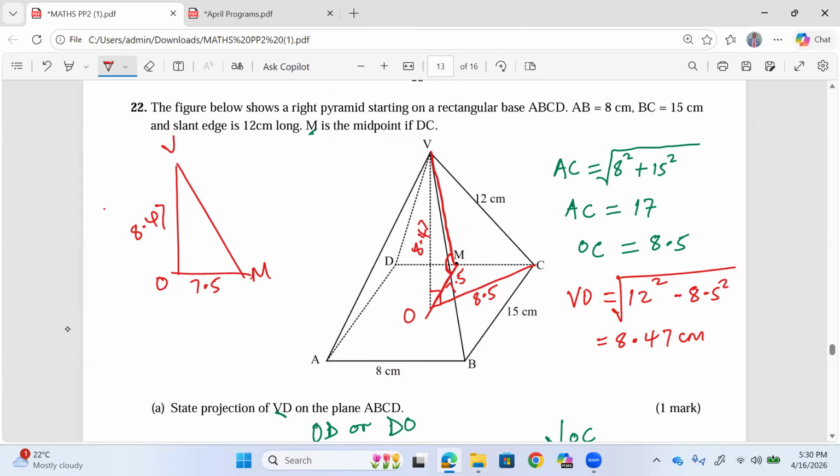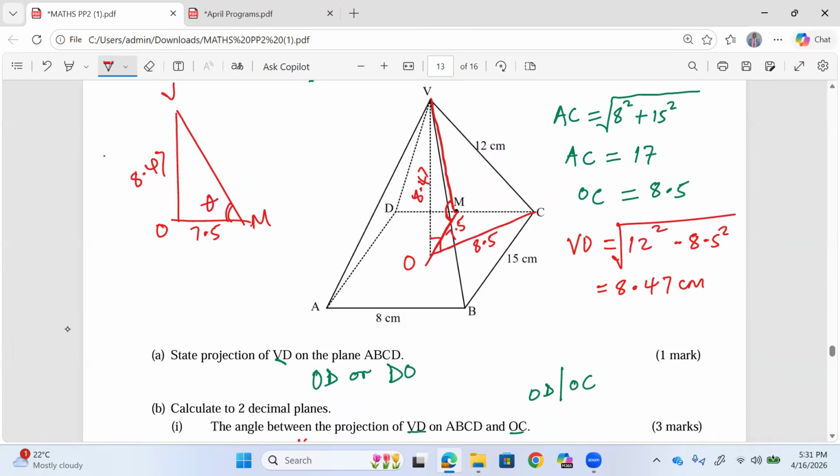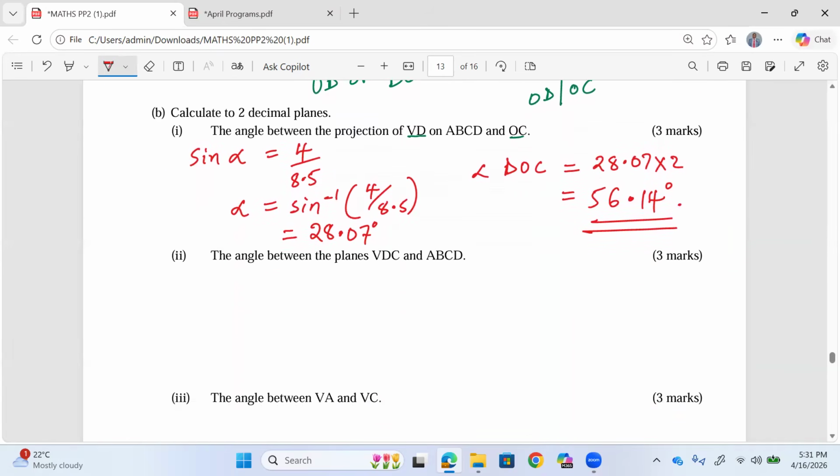The angle we are supposed to find is the angle at M, and we can only use trigonometry, so we use tangent. The tan of that angle shall be the opposite length over the adjacent, which is the square root of 71.75.